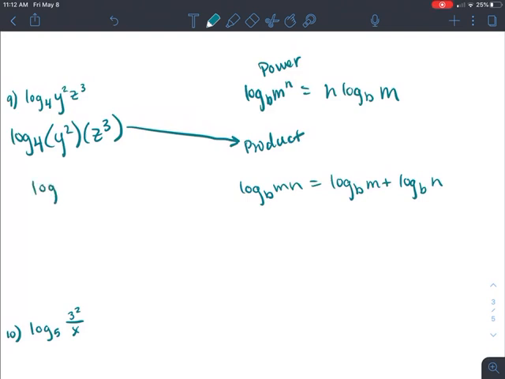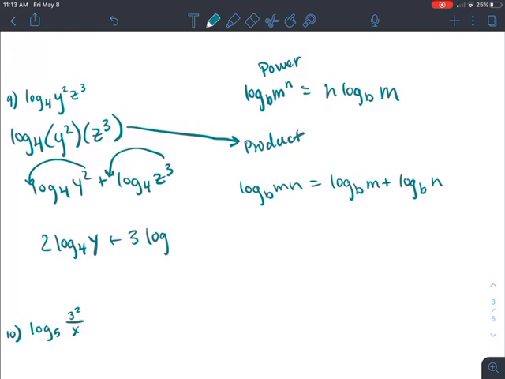So I got log 4 y squared plus log 4 z cubed. Then I have to bring these down because of the power property. So this is 2 log 4 y plus 3 log 4 z. Okay, and this is your answer.